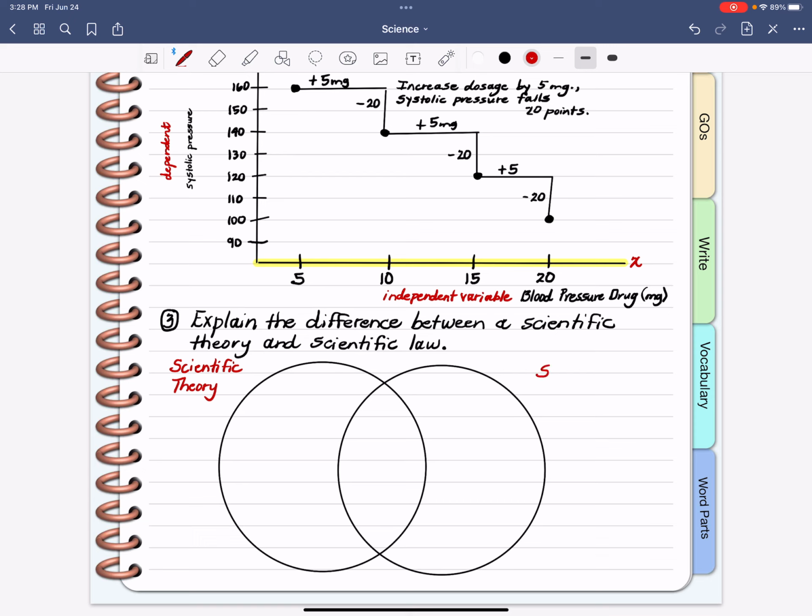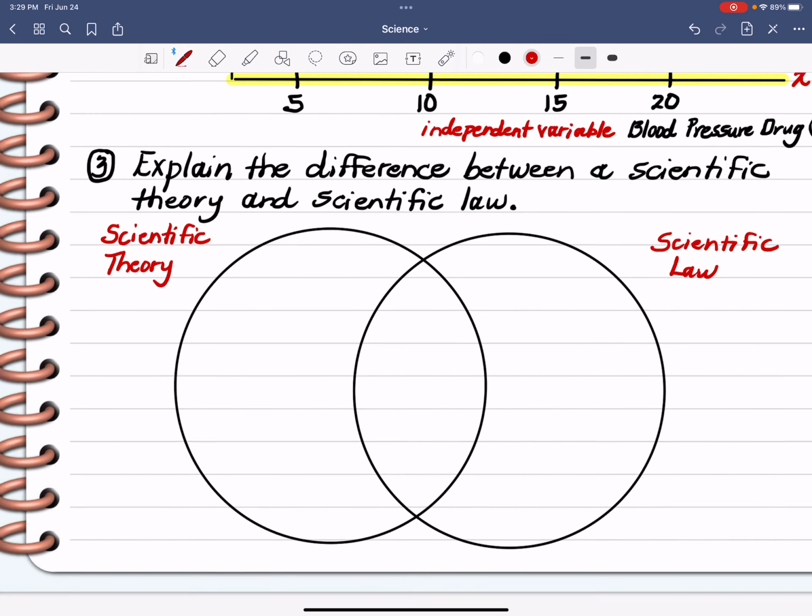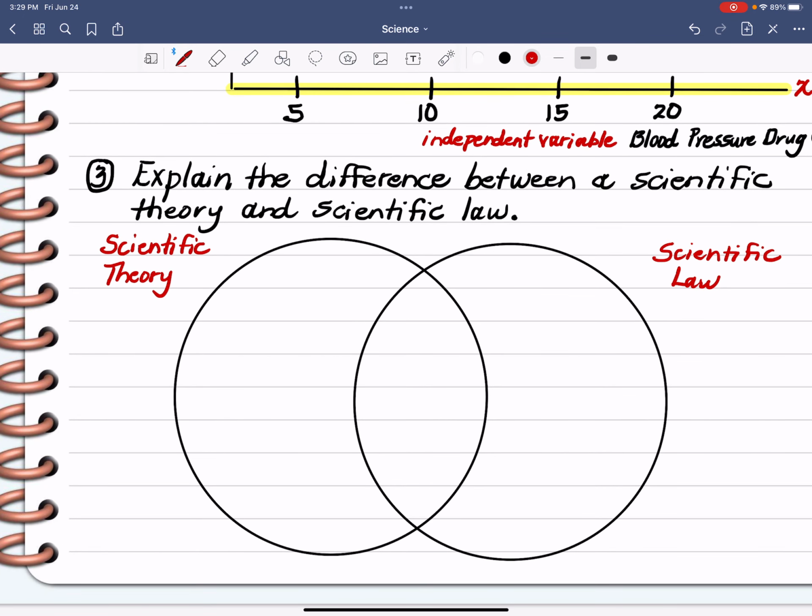And on this side, I'm going to put scientific law. And we want to know how these two things are different. They sound like the same thing, and they're sort of the same thing, but they're not the same thing. So how are they different?